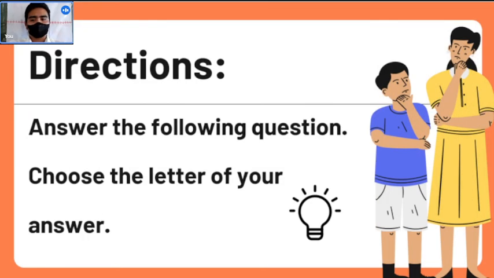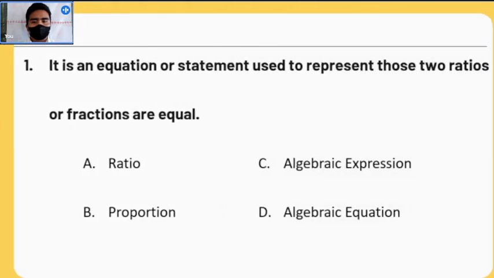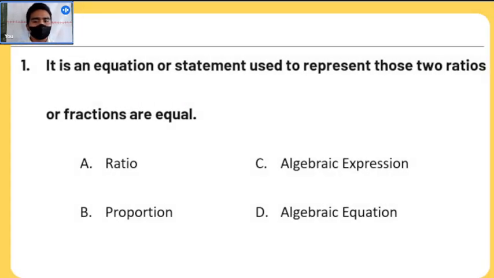The direction: answer the following question, choose the letter of your answer. Number 1, it is an equation or statement used to represent that two ratios or fractions are equal. A, ratio. B, proportion. C, algebraic expression. D, algebraic equation. What is the answer?